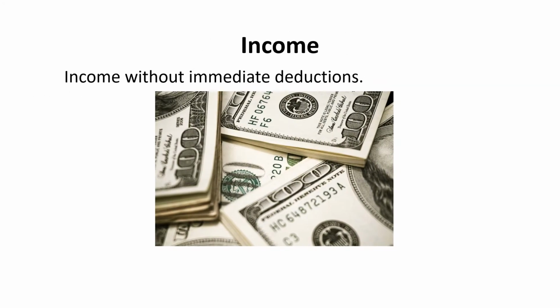Here are incomes without immediate deductions. The following list includes but is not limited to working for cash, selling personal merchandise, selling self-grown produce, babysitting, Social Security, and other government payments received. These are all reportable incomes to the IRS.